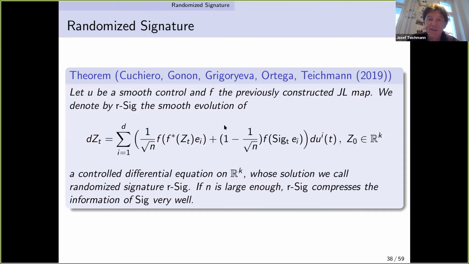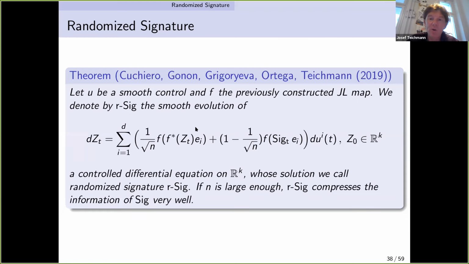So we take such a Johnson-Lindenstrauss map, which is a linear random map, and we consider this type of non-autonomous differential equation, where I have a non-homogeneous term here, which contains the object to be approximated.